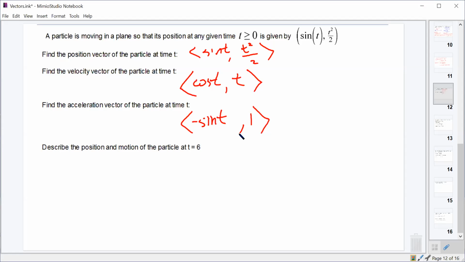And if we want to describe the position and the motion of the particle at t equals 6, well, what's the position of the particle at t equals 6? It should just be the sine of 6, comma what? 18. And what about the motion? What direction is the particle moving at t equals 6? How do we figure that out?